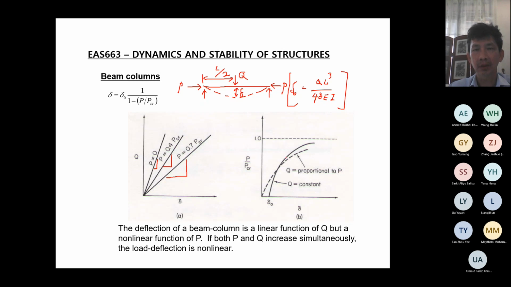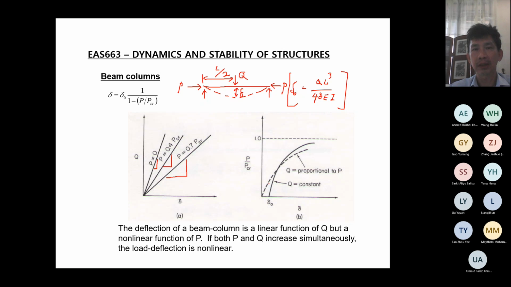Now, the solid line shows that Q is constant. So here we apply Q constant at a certain level of Q to the beam column, then we increase the load P. So the actual load is changing. So this is the solid line here.